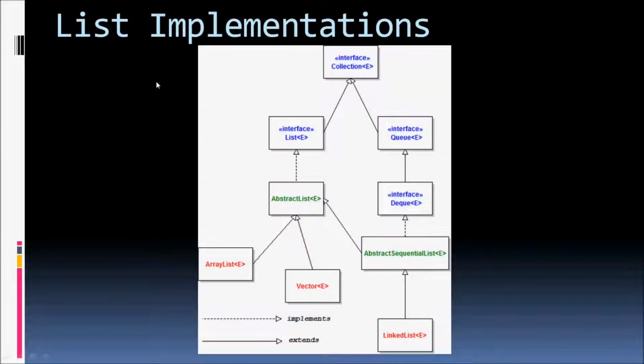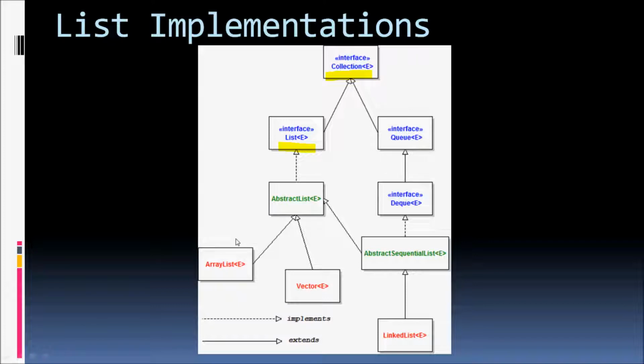And this is the API inheritance tree of the list collection in the Java collection framework. You see, at the root of the tree is a collection interface, which is a base interface for all collection interfaces in the Java collection framework. And under it is a list interface.